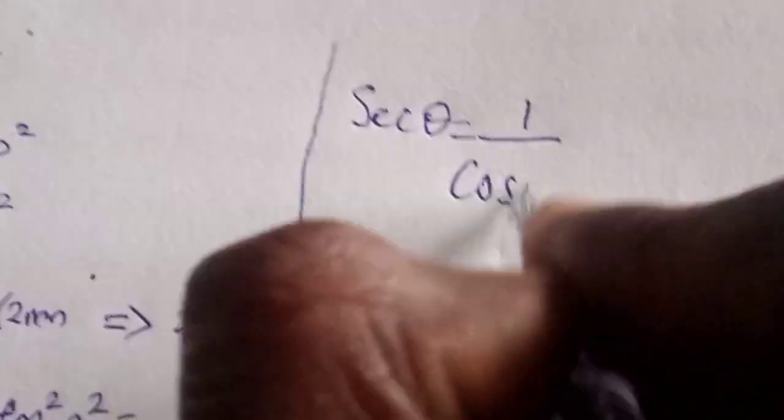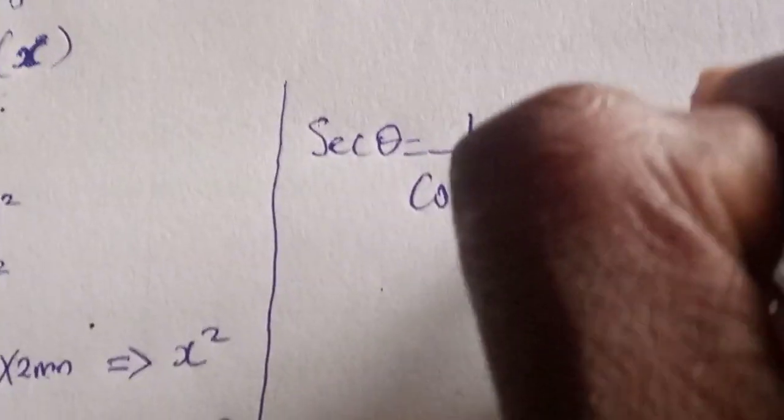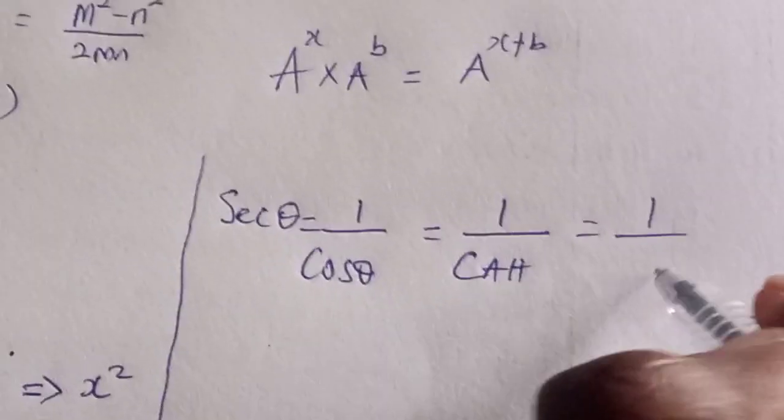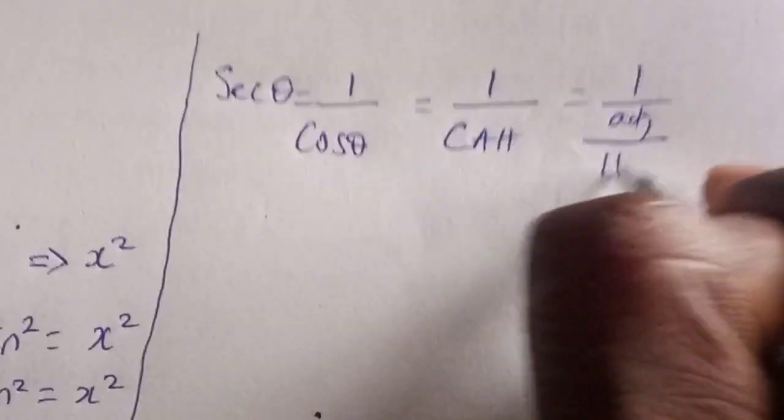Then we are going to find sec theta. Sec theta equals 1 over cos theta. And what is cos theta? It is adjacent over hypotenuse.